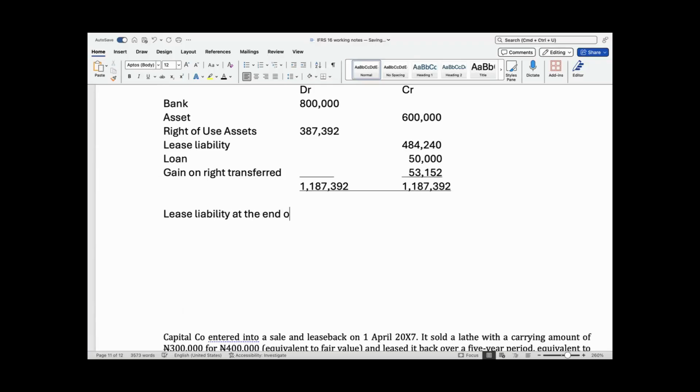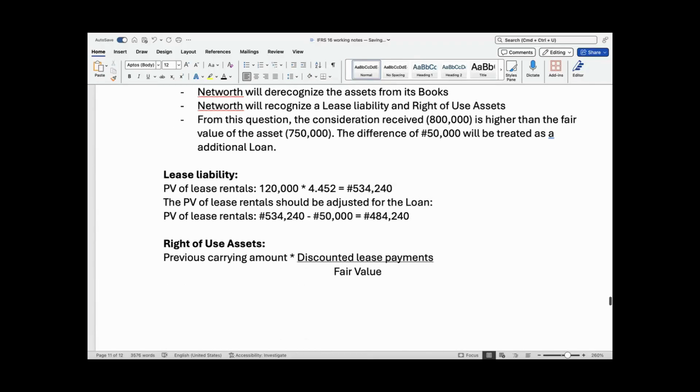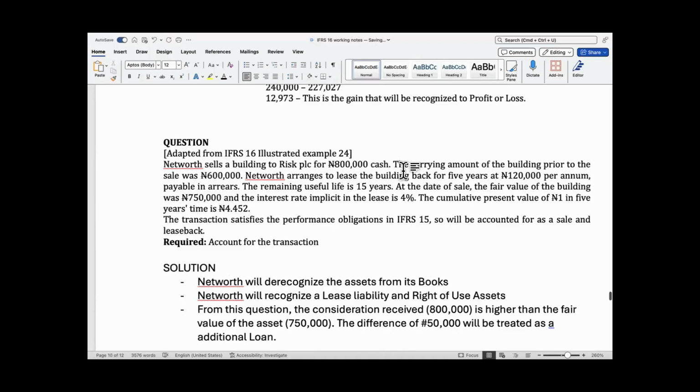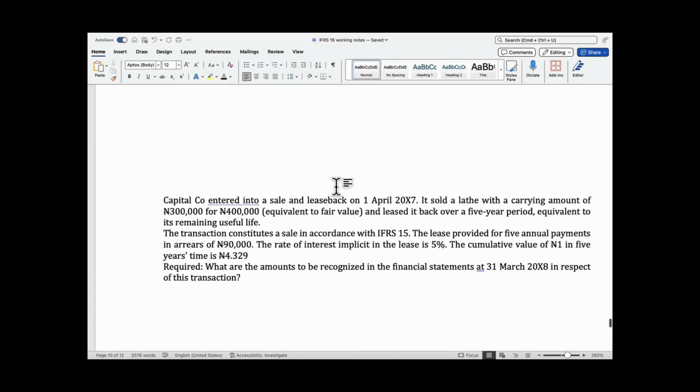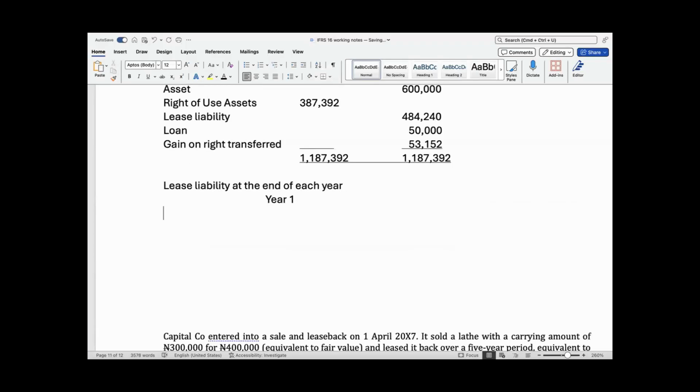At the end of each year. So which year is this now? They didn't even put period. No problem. So at the end of the year, let's say year one.